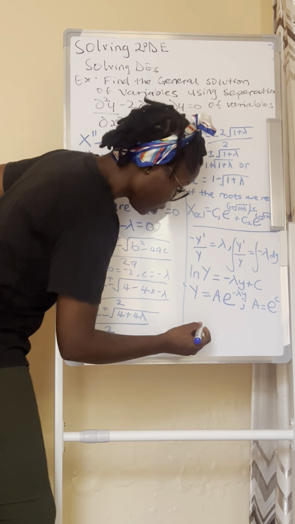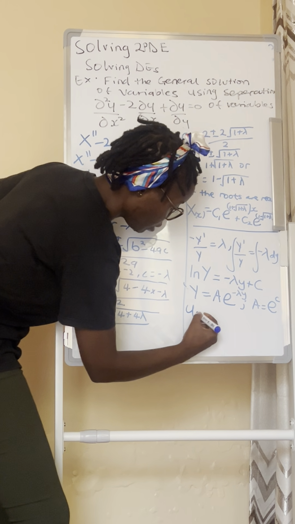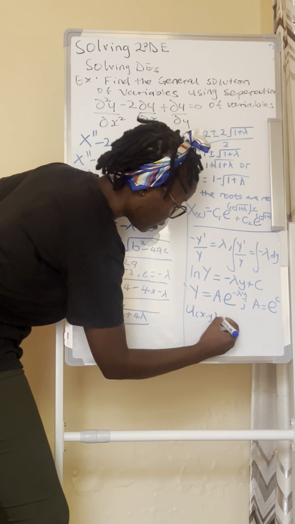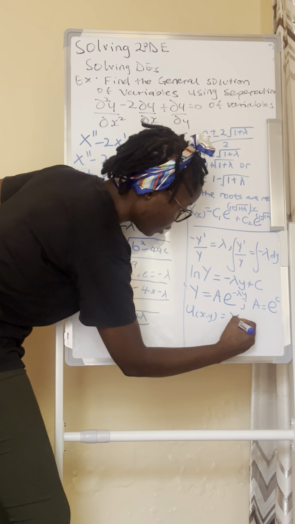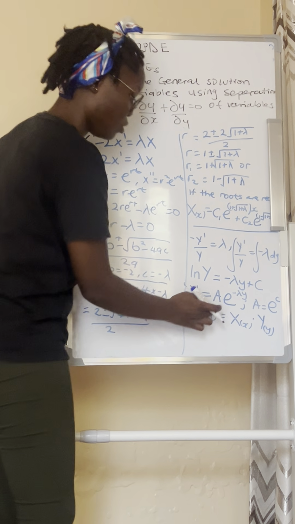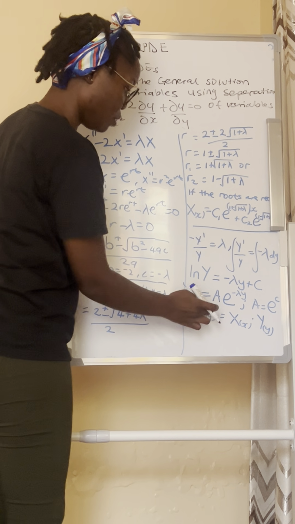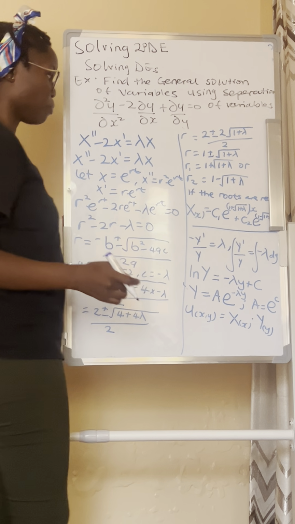So we now punch this in. Remember our general solution, u of x and y is the function of x with respect to x times the function of y with respect to y, which is this here and this here. So we just multiply them.